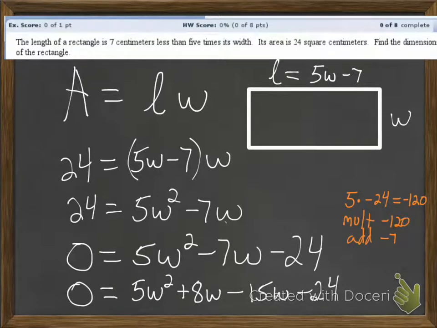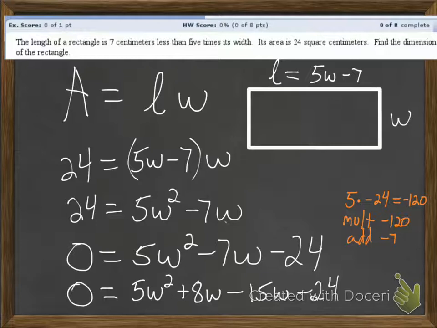Okay, hopefully you've taken some time now and actually did start solving this. If you get stuck, I have gone ahead and worked out some of the problem for you. I bring the 24 over by subtracting, giving me 5w squared minus 7w minus 24. It's now equal to 0, so I can try to factor. There is no common factor to take care of here.